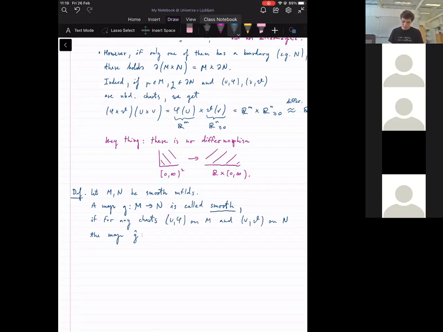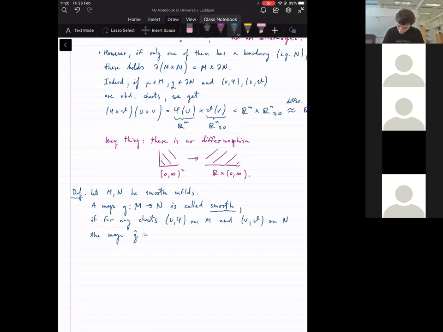This is now tricky to write down, the domain and codomain, because we have to draw a picture before we do that. So let's just form a composition, and then we'll discuss what the domain and codomain of this map is.